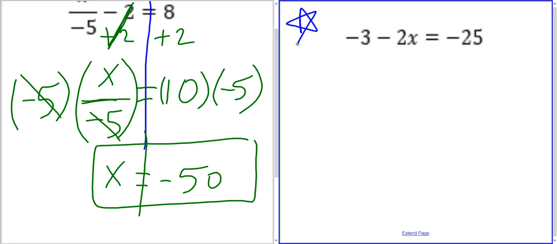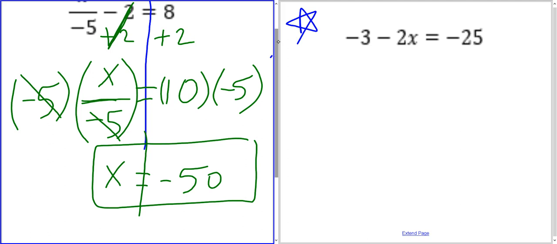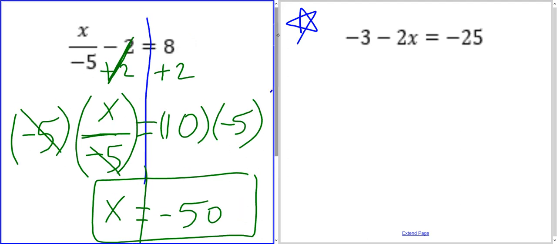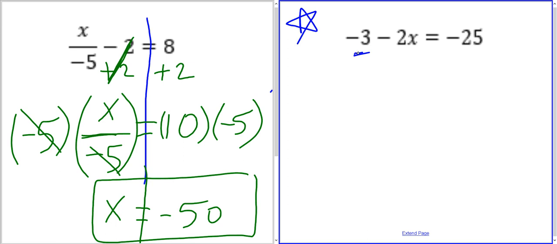So negative 3 minus 2x equals negative 25. And give that one a try. It's slightly different than the one I did because the constant comes first. It's the negative 3 comes first, but that's okay. You can still solve it the same way that I did mine. You're just going to have to first undo this negative 3.